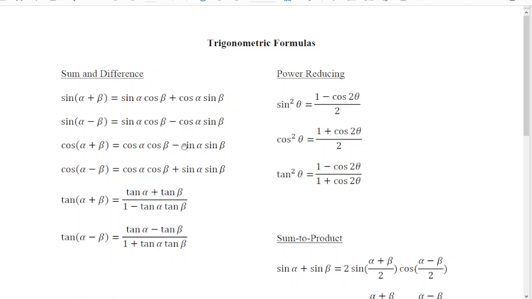Now, you don't need to memorize any of the formulas on this sheet. What you do need to remember is that there are formulas for the sum and difference of all of the trig functions, and that you can't just split them up like sine of alpha plus sine of beta. That's the most important thing to remember, that it doesn't split up like that.